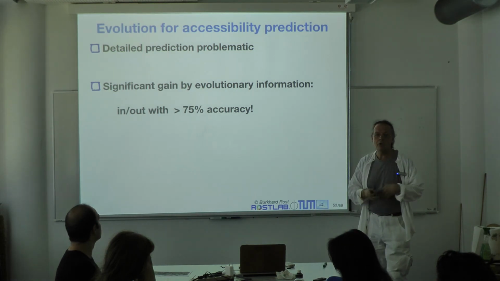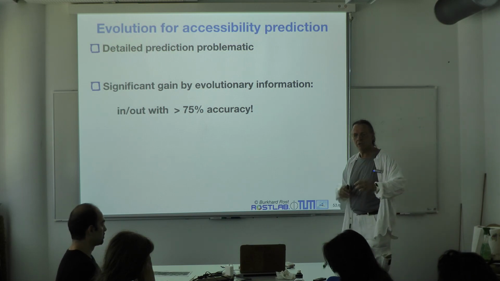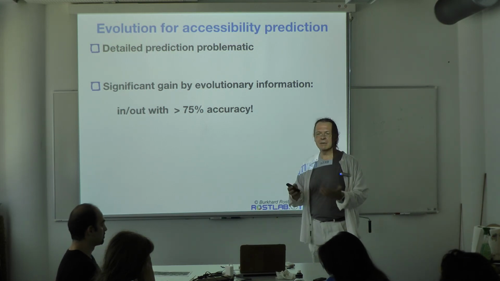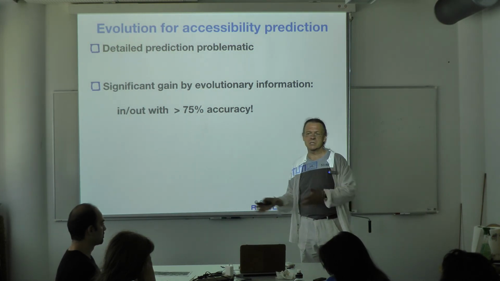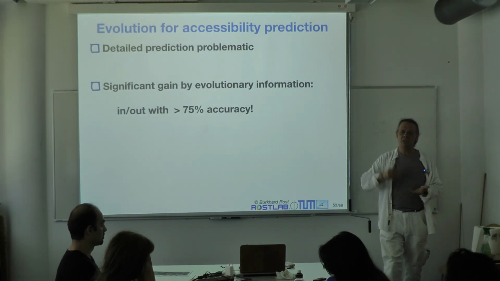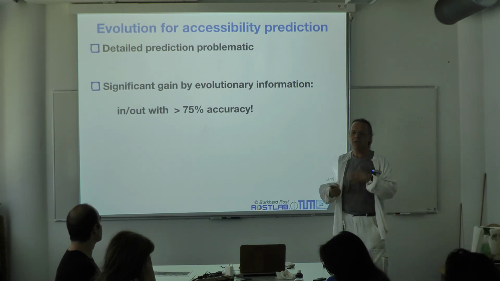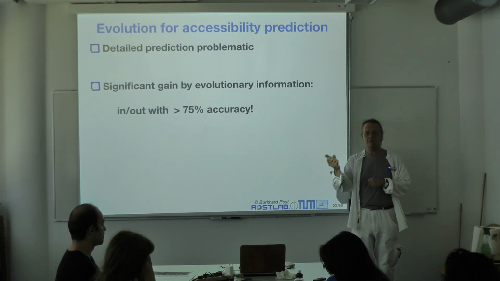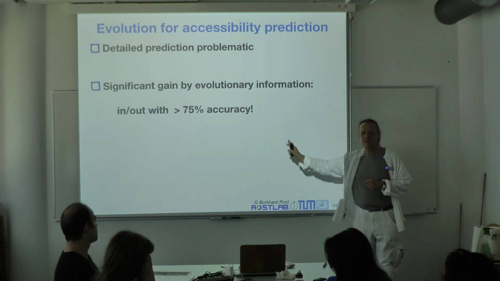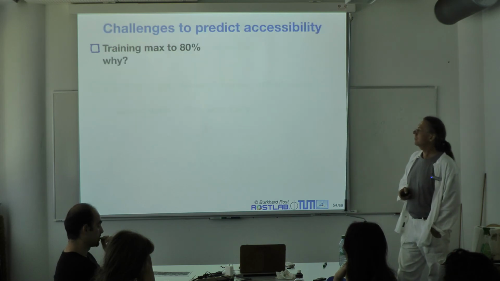But if we go into a more coarse-grained model where we have a two-state, so what fraction is buried, what fraction is exposed, a typical value to distinguish between one or the other is 16%. So less than 16% is called buried, more than 16% is called exposed. At that level, about half of the residues are buried, half of them are exposed. And at that level, accuracies above 75% are reached.